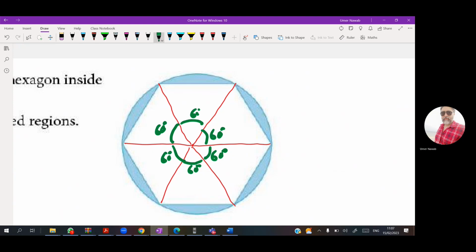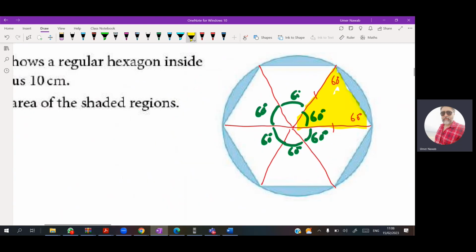You remember that this is the radius and this is the radius. So it looks like an isosceles triangle because the two sides are equal. If this is 60 and these are x and x, oh wow, this is 60, this is 60. In which triangle are all angles the same? You'll say, Mr. Omar, it happens in an equilateral triangle. So I'm going to get 6 equilateral triangles.